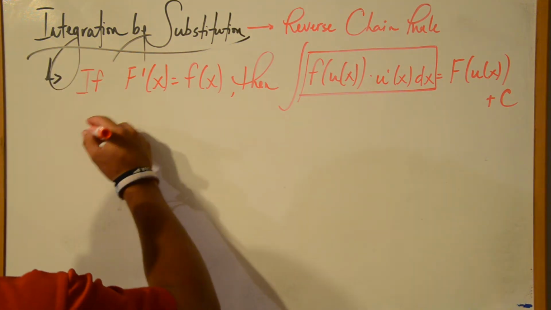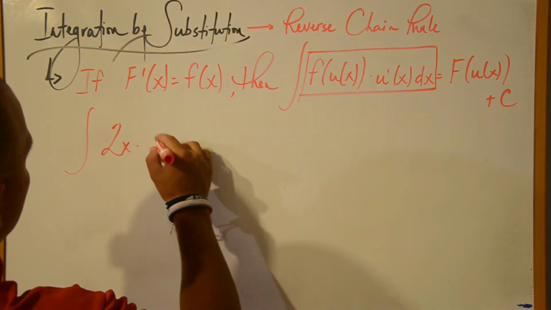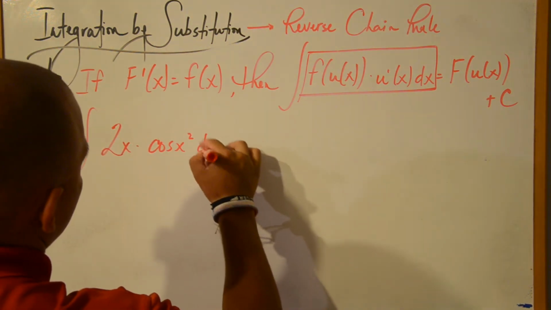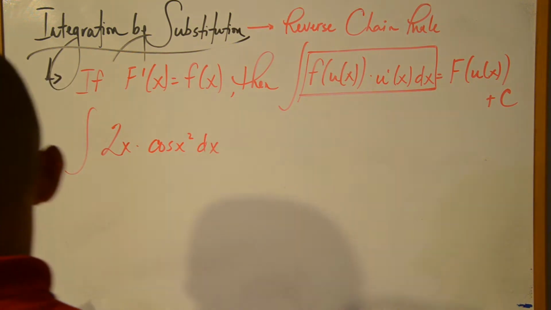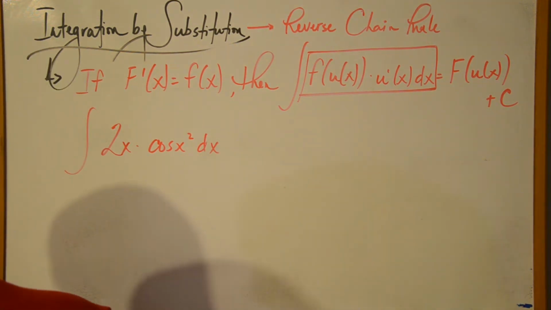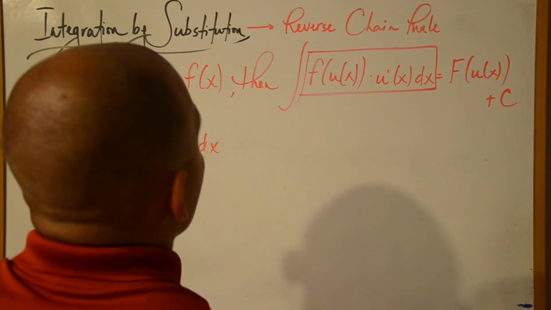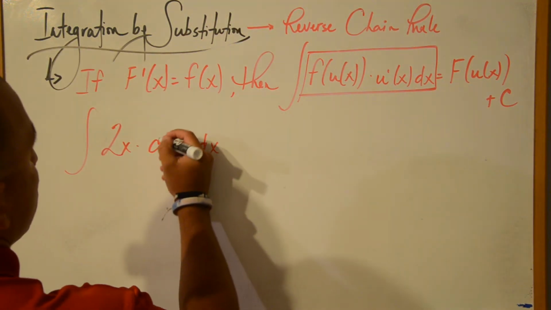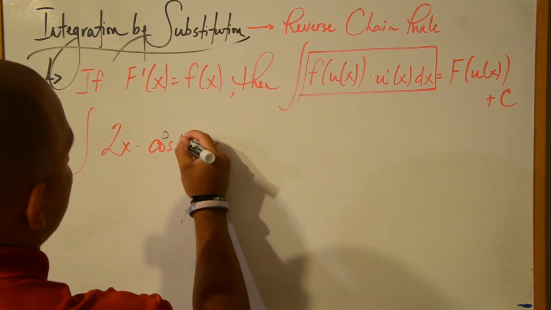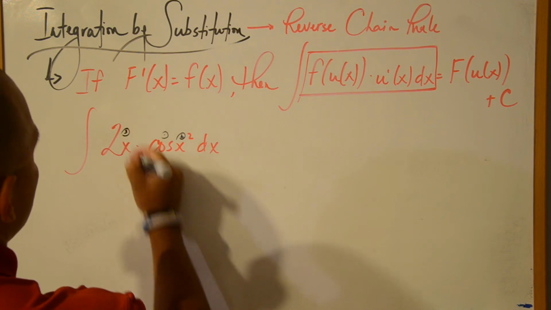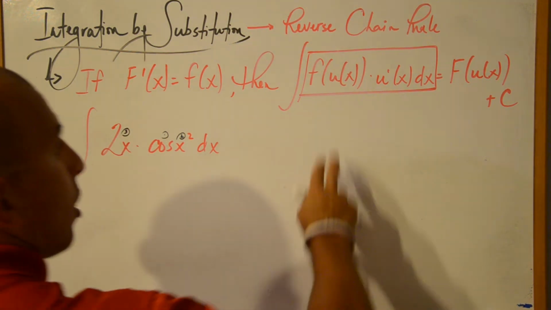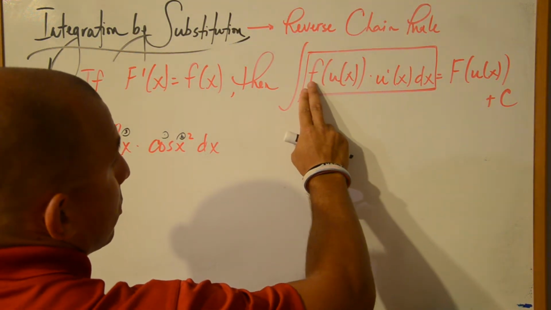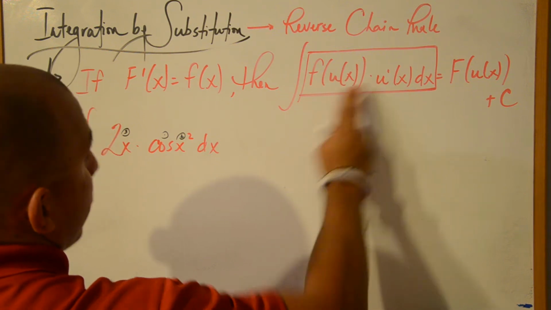So take, for instance, something like this: the integral of 2x cosine of x squared dx. We have cosine, we have x squared, and we have 2x. I have an outer, an inner, and then a derivative of the inner function.